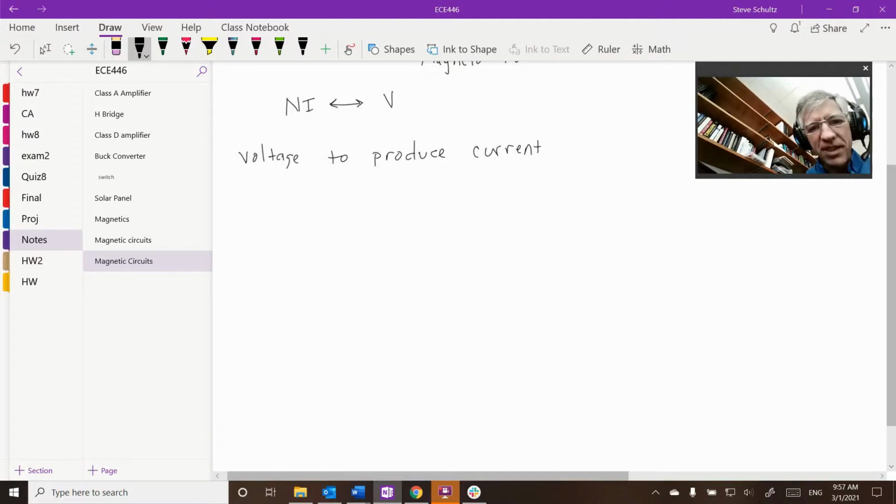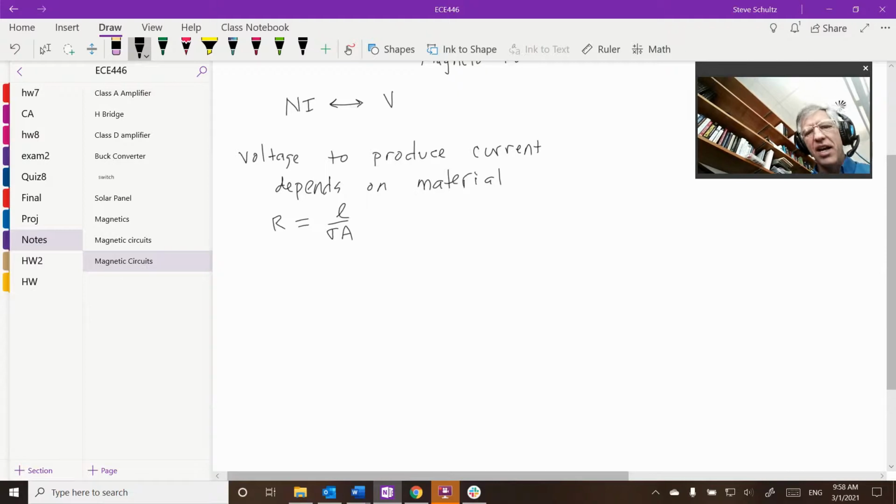Well, it depends on the material. And we use the concept called resistance. So the resistance is equal to the length divided by the conductivity of the material times the area.